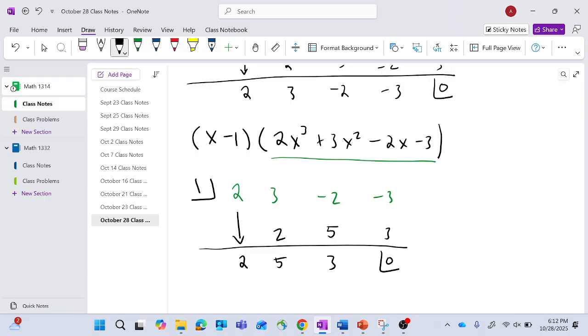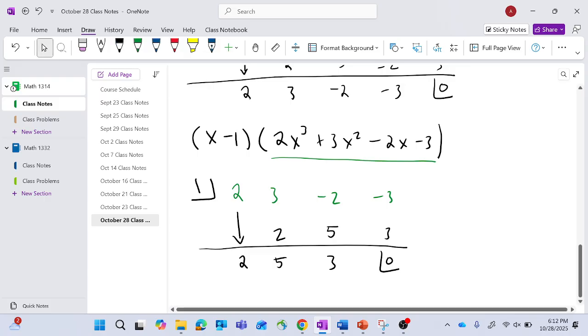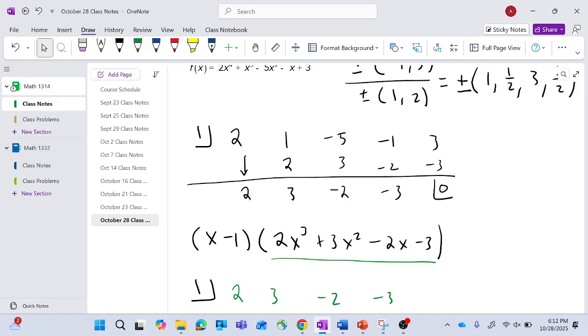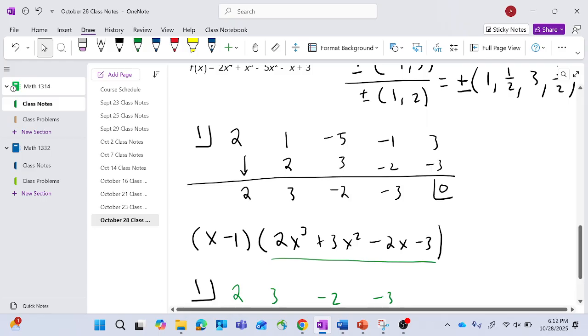Sure. So why did we do it the second time? Synthetic division, when you're trying to factor or solve, is kind of a last resort. If you can't solve it normally, like we learned before, or you can't factor it, you don't really have an option. You have to use this theorem right here. This theorem exists because if you don't have any other option, this is going to work.